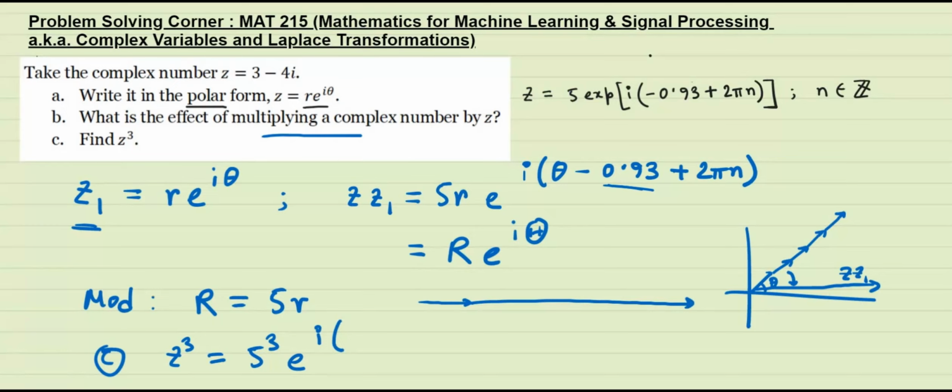My calculator says it's negative 4.65 radian. And of course you'll have to add twice pi n. It's the same point if you rotate it by twice pi in the clockwise or anti-clockwise direction. So this is z cubed. Very easy to do if you do it in polar form.